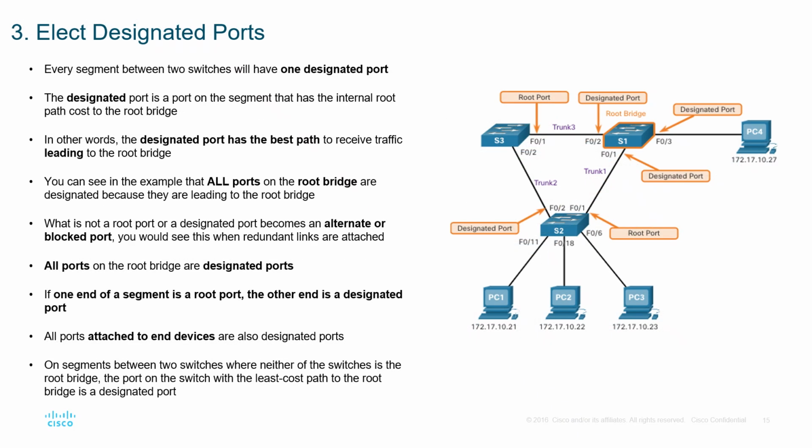Now, every segment between the two switches will have one designated port. Your designated port is a port on the segment that has the internal root path cost to the root bridge. The designated port has the best path to receive traffic leading to the root bridge. So you can see in the example that all ports on the root bridge are designated because they are leading directly to the root bridge.